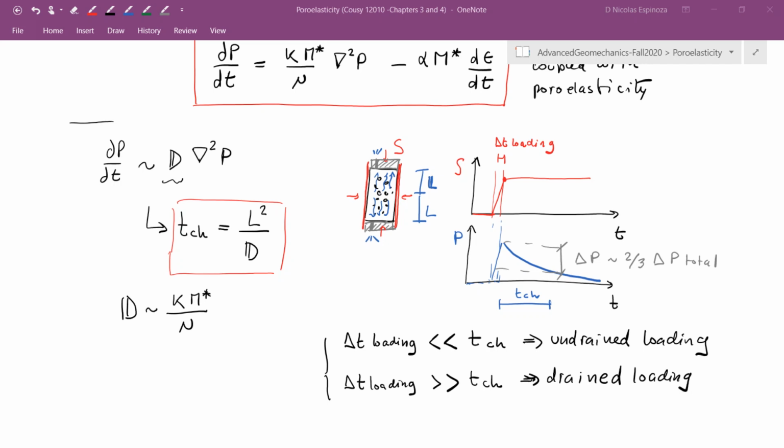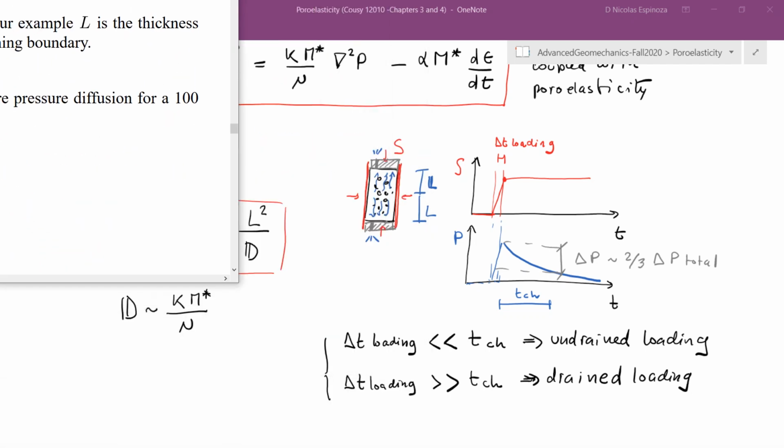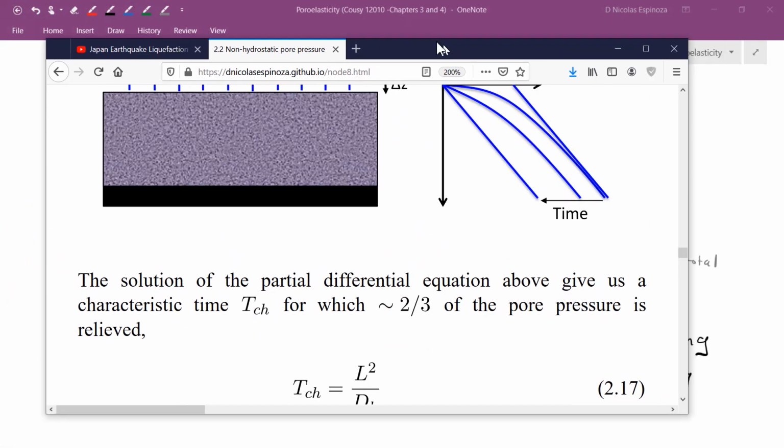And we're going to come back to this example in a little bit, but let me invoke this example here, because that's going to give you a good idea about what these characteristic times are. Okay, so here's the example. Let me bring this window into my other screen.